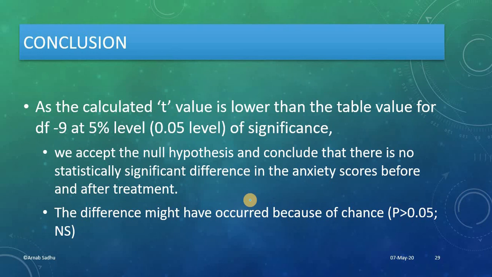So we cannot definitely say whether this drug is effective in reducing the anxiety score or not. So we conclude that the difference might have occurred because of chance. Chance here is the p value, which is greater than 0.05. So there is no significant difference between before and after treatment.